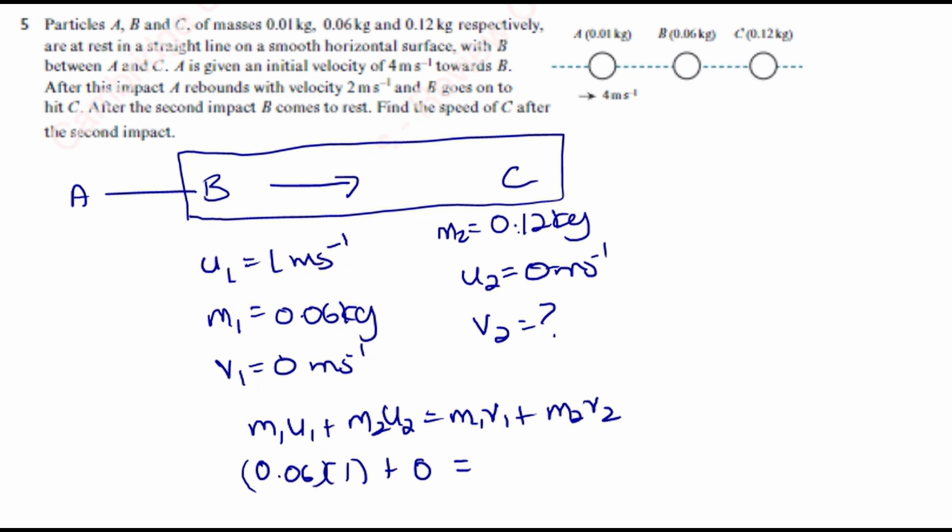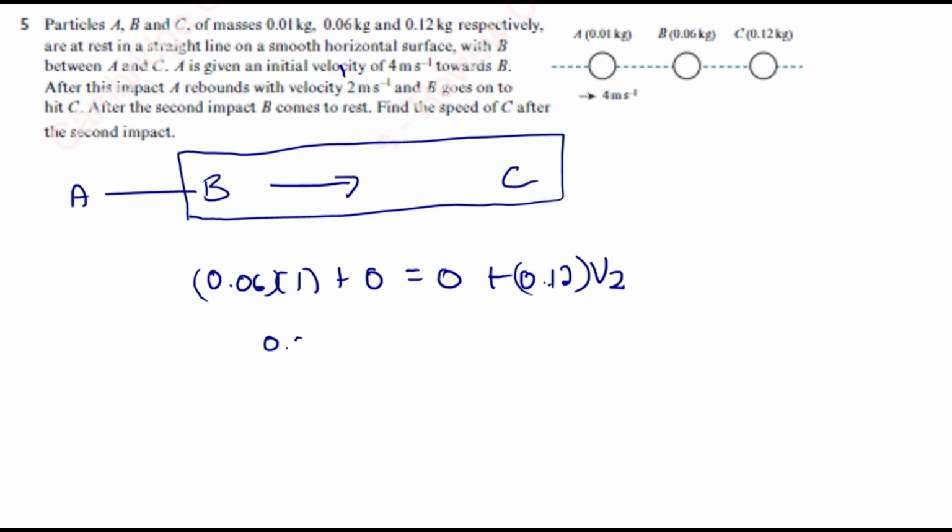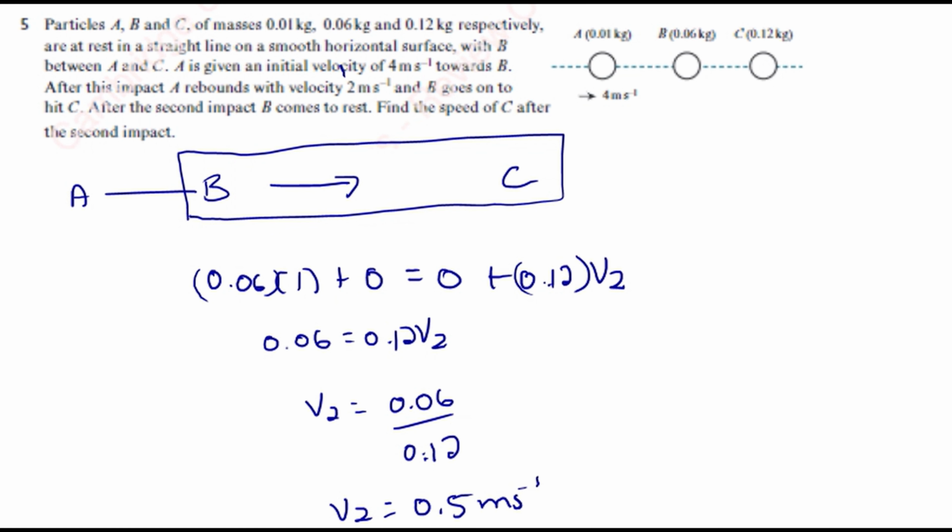B comes to rest, so that's just going to be 0. Plus the mass of C is 0.12 times V2. So 0.06 equals 0.12 V2. V2 is 0.06 over 0.12, which will be 0.5 meters per second.